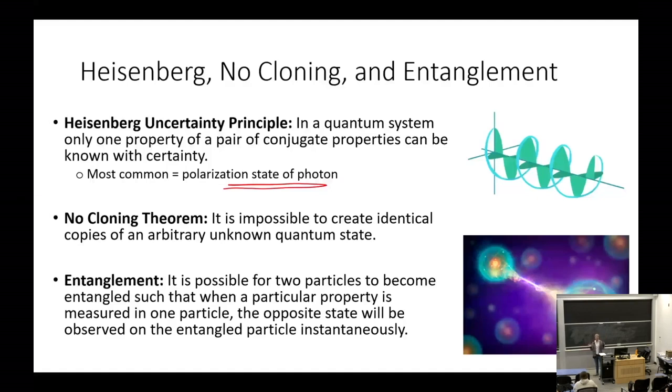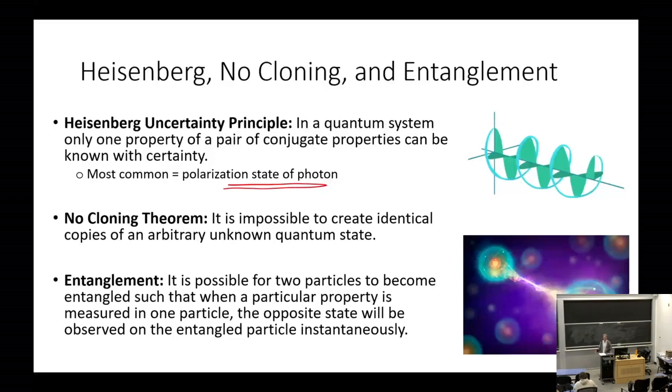The no cloning theorem follows naturally from the uncertainty principle in this idea of quantum key distribution. What it says is that it's impossible to create identical copies of an arbitrary, unknown quantum state. So why is that important? Without the no cloning theorem, it would be possible to circumvent the uncertainty principle by creating multiple copies of your quantum state and measuring the different conjugate properties on the different copies.